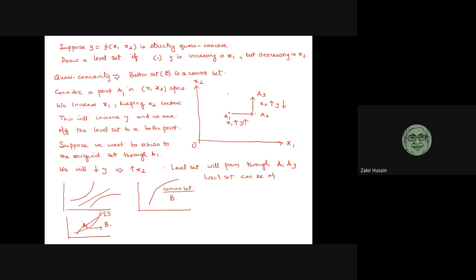Because it is strictly quasi-concave, the linearity is ruled out. You can only have one or two. It can be of only two types. Okay.